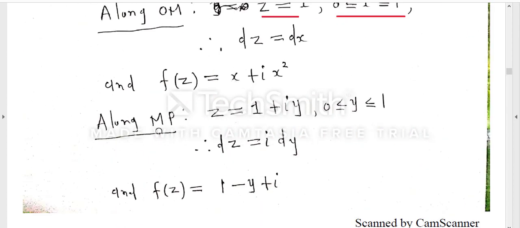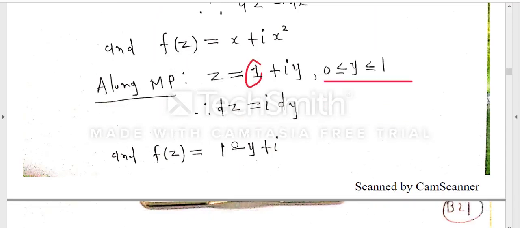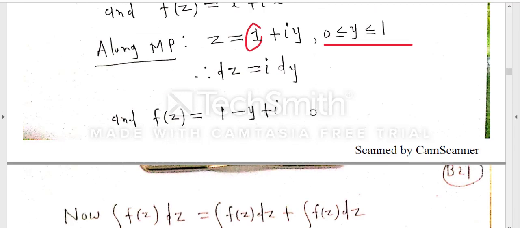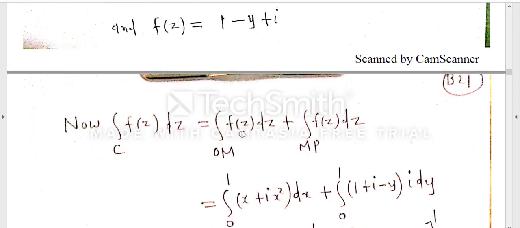So along line segment MP, x is 1. So in z equal to x plus i y, we put x equal to 1, and y is from 0 to 1. dz will be, this is going to be 0, i dy. f of z is 1 minus y plus i. Okay, I have taken x equal to 1 in the expression of f of z.